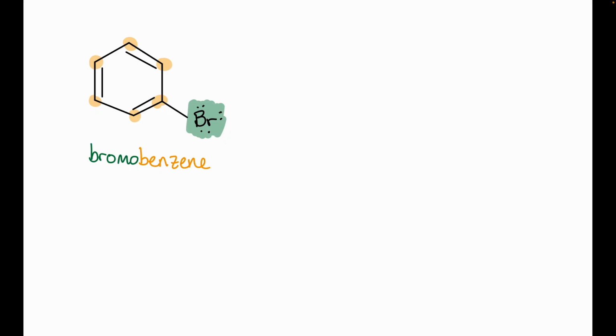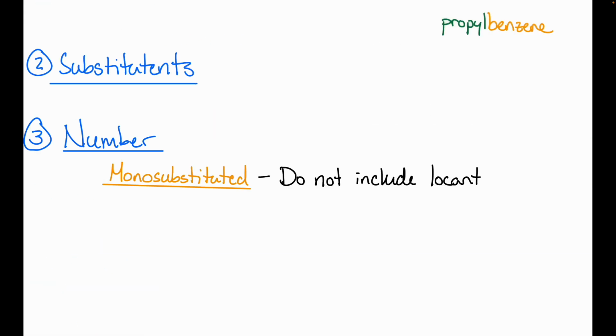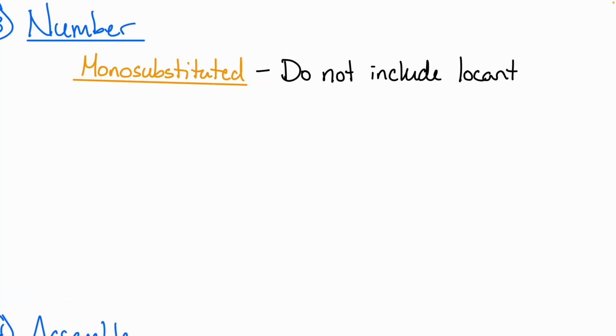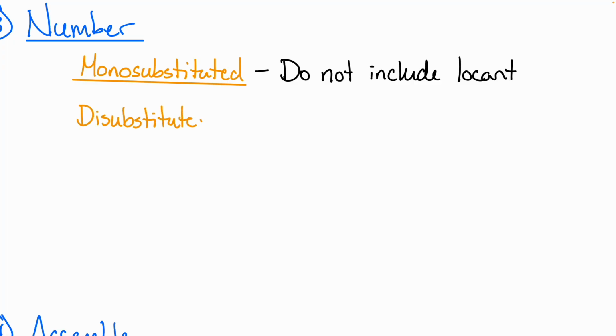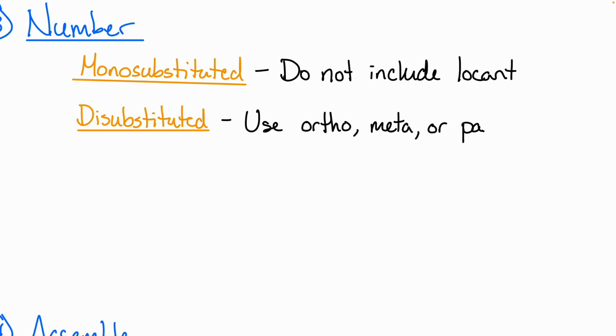All right. Cool. So now, what if we have more than one substituent? Specifically, we're going to look at di-substituted benzenes. And we're going to use a designation that's very unique to benzene rings. We're going to use what we call the ortho, meta, or para designations.